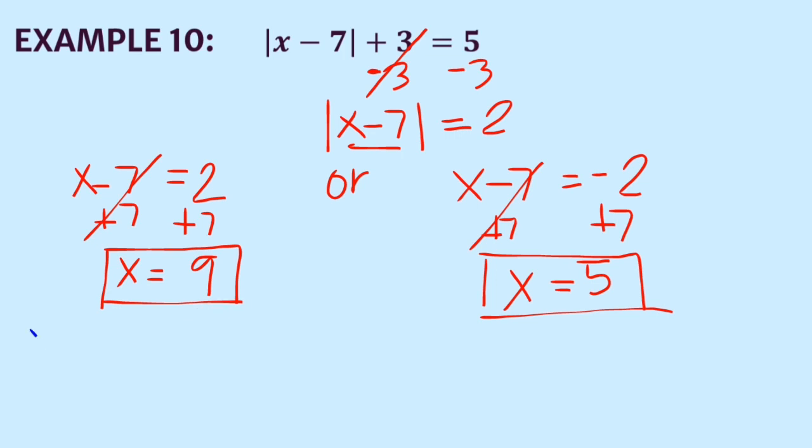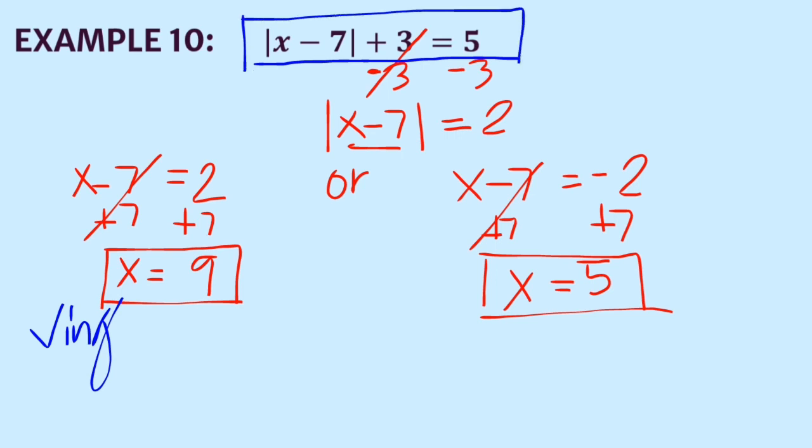Okay, checking. And by doing the checking again, let's follow this original equation. So the absolute value of x minus 7 plus 3 is equal to 5.